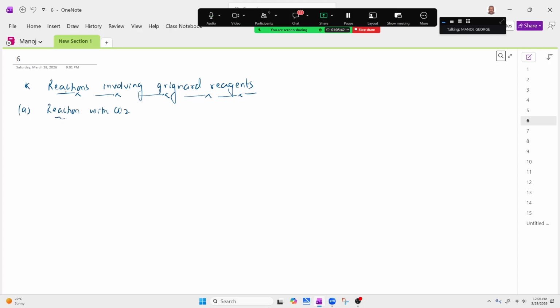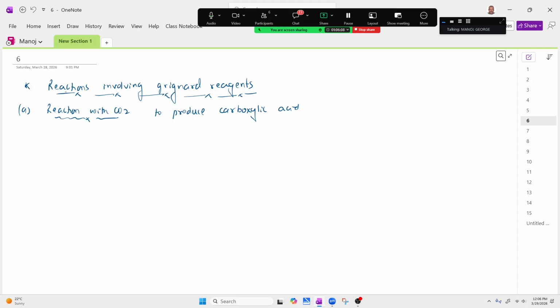Now, if I do the reaction with CO2, this is to produce carboxylic acids. So this is the memorizing part. If you want a carboxylic acid, you are supposed to react the Grignard reagent with CO2, then you will get the carboxylic acid.